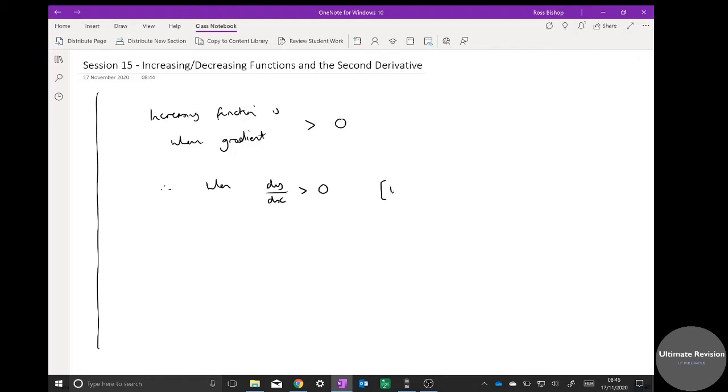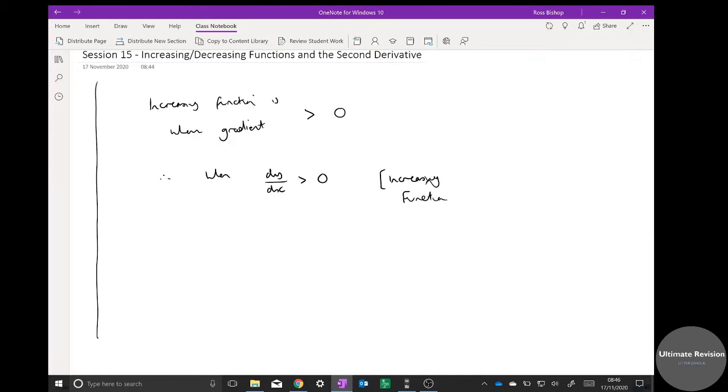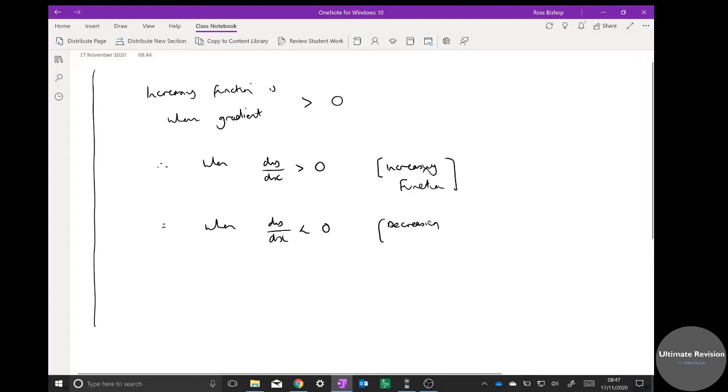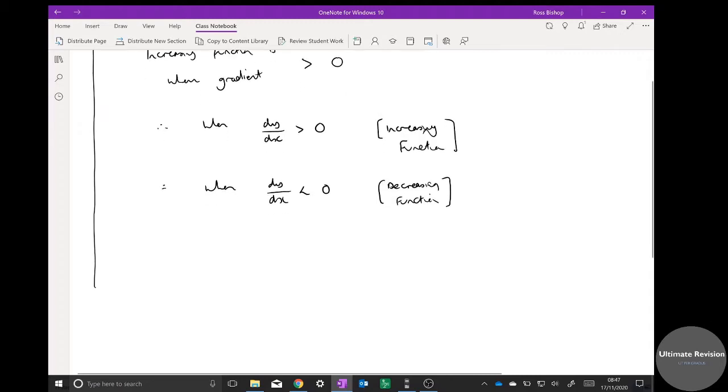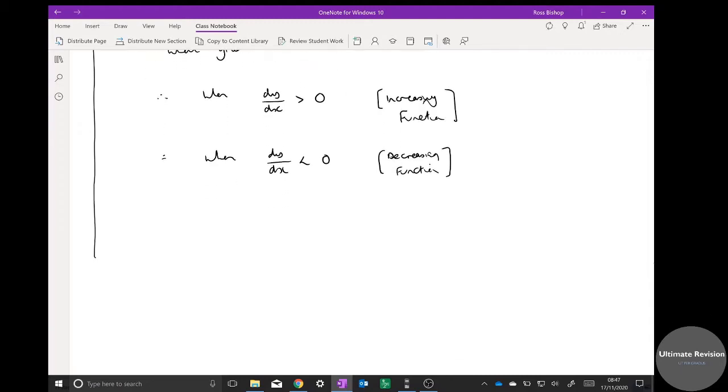This is an increasing function. And decreasing is just when dy/dx is less than 0. We say that's a decreasing function. Now in a future session we'll see when dy/dx is equal to 0, that is what we call a stationary point. We're going to do that next session.